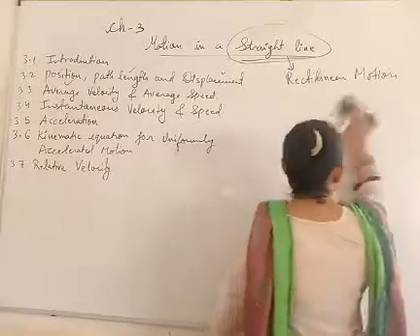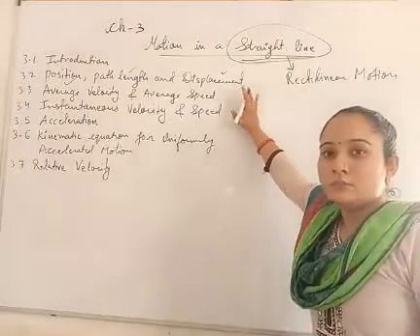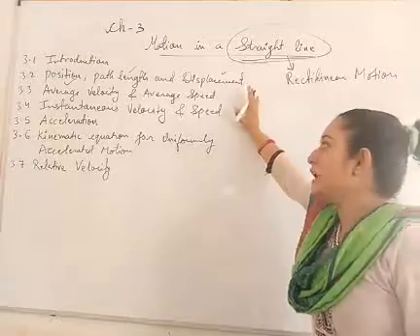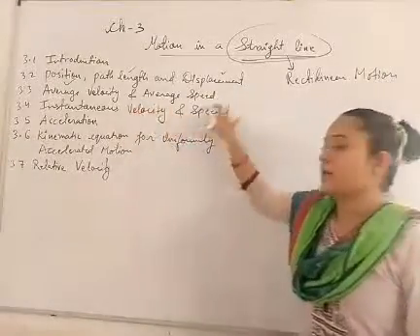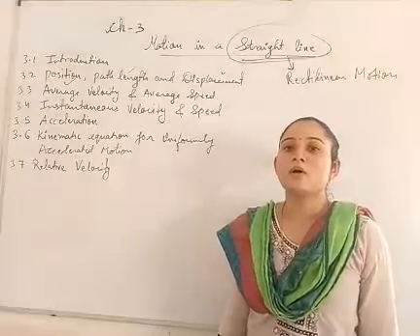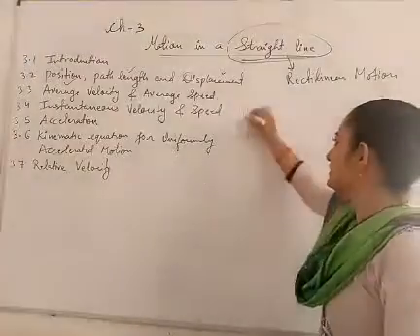Now comes the next topic. Here you came to know what is position, what is path length and what is displacement. Now, average velocity and average speed. Before studying this, we will study what is velocity and what is speed. First of all, what is speed?